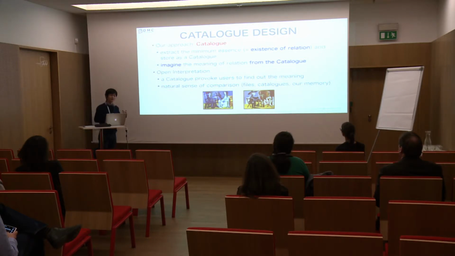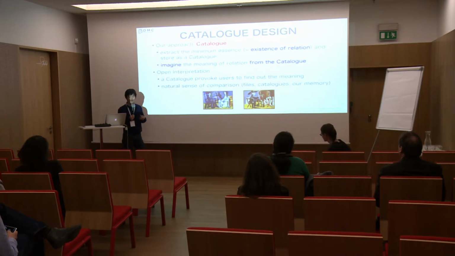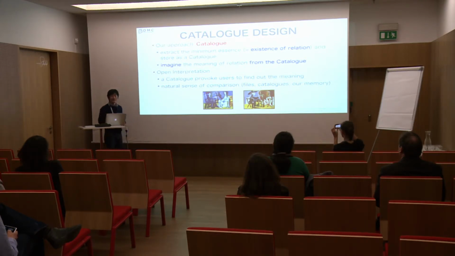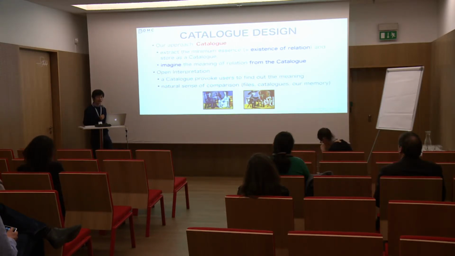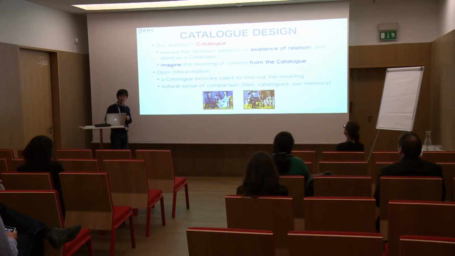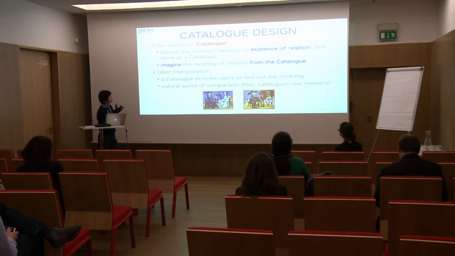It's totally different in terms from the existing regular museum catalogs. But the meaning, the essence of the word catalog is very close to our idea. So the catalog idea is we extract the minimum essence of the information.